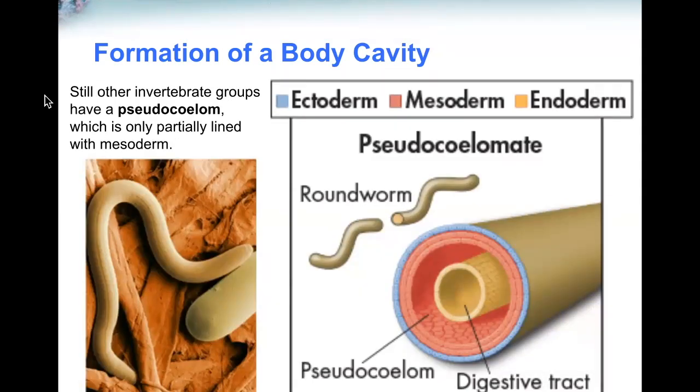Still other invertebrate groups have a pseudocoelom, which is only partially lined with mesoderm. The pseudocoelomate is like a roundworm, and the pseudocoelom is only partially surrounded by mesoderm. And the digestive tract is inside that with the endoderm cells.